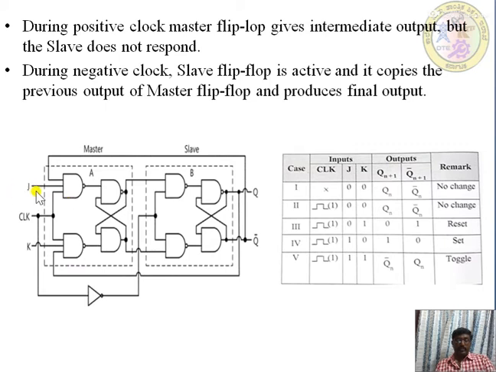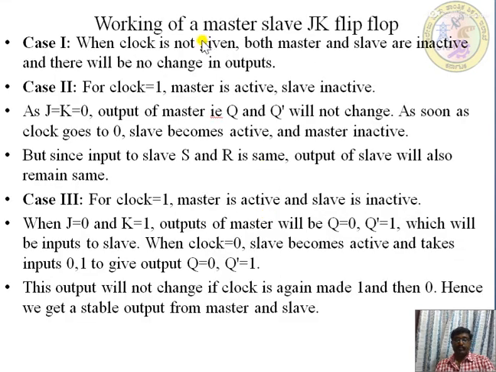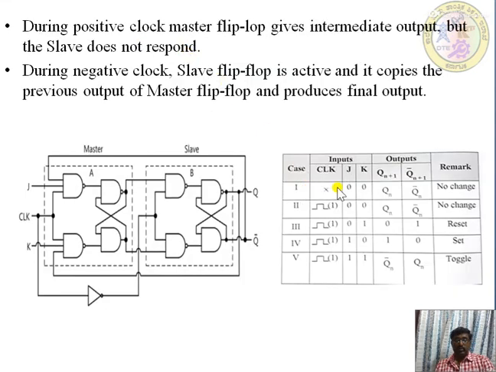When J is equal to 0 and K is equal to 1, it will be in a reset state. When J is equal to 1 and K is equal to 0, it will be in a set state. And the last, 1 1, it will be in a toggle state, that is, it will have a complementary output. If Qn bar is there, we will be getting Qn, and if it is Qn, then it will have a Qn bar. Okay, so we'll cross check with all the 4 cases.